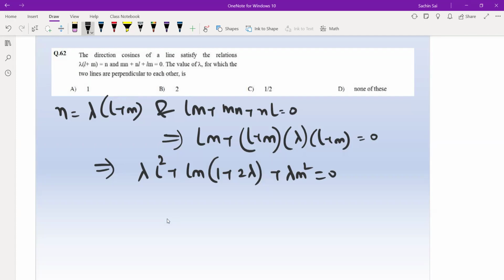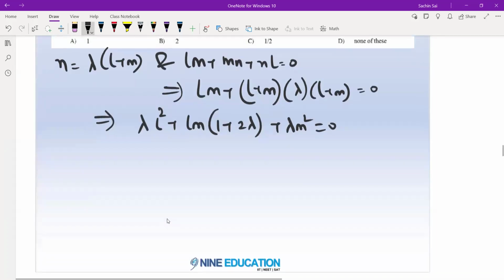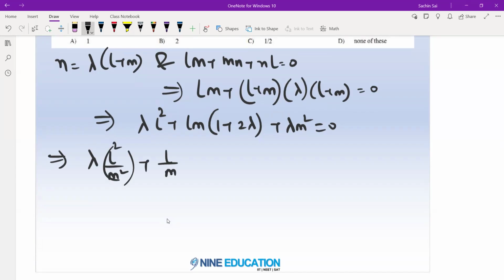Now, one important thing I want to stress here is we are not trying to solve for l or for m. We will divide both sides of the equation by m square. So that means lambda times l square by m square plus l by m times (1 plus 2 lambda) plus lambda equals 0.